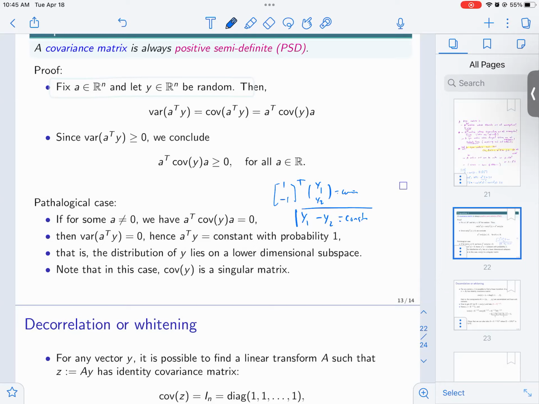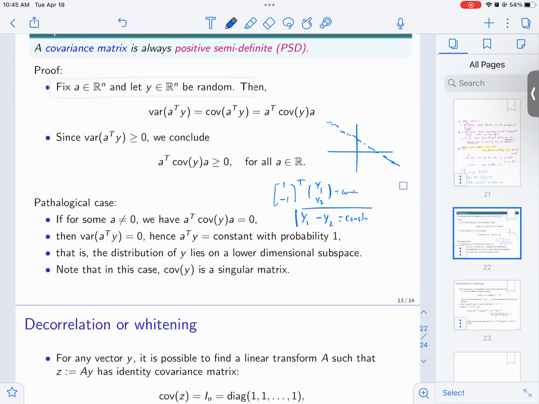This means the random vector lies in a lower dimensional subspace of the original space. For example, in the R2 plane, it is going to be some sort of a line. If you draw from this distribution, the points are always going to be on a line. They are not scattered around the place, because the random vector always satisfies this constraint. So these are distributions that are lower dimensional in nature.